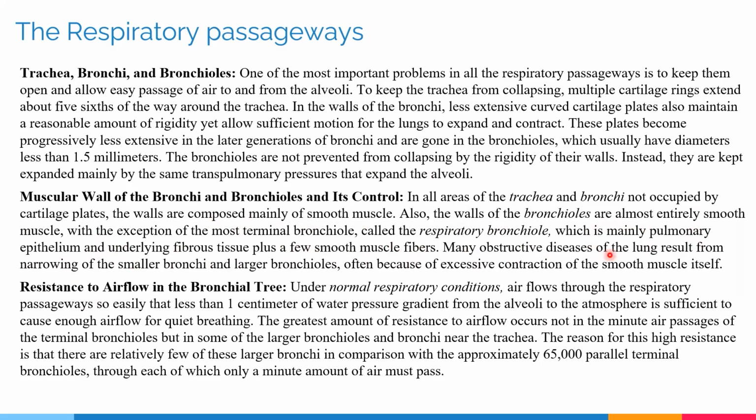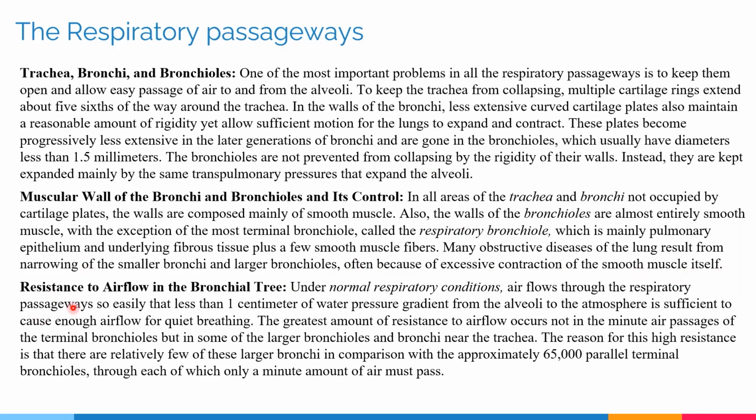Many obstructive diseases of the lungs result from narrowing of smaller bronchi and larger bronchioles, often because of excessive contraction of the smooth muscle itself, which in turn closes off the bronchioles and thus prevents the lung alveoli from being filled.